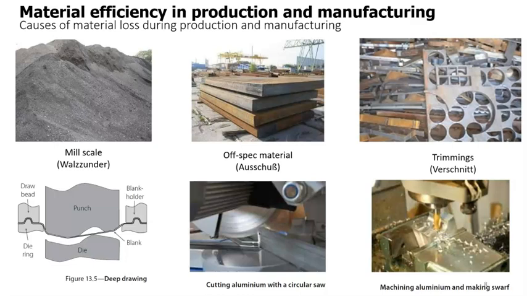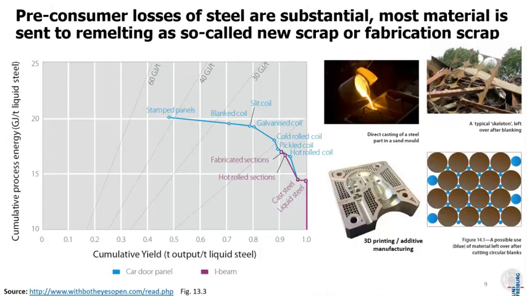So all of these losses occur in the steel mills already or in the manufacturing process. And these pre-consumer losses can be substantial. And usually this material is sent to remelting as so-called new scrap or fabrication scrap, because it is often of high quality and it comes in large and defined quantities.